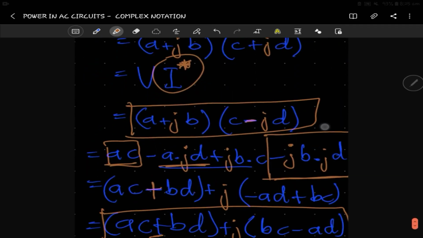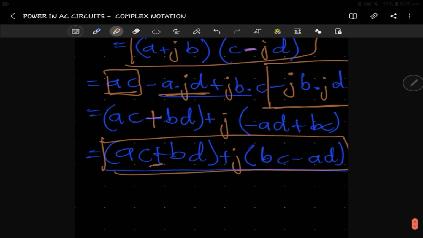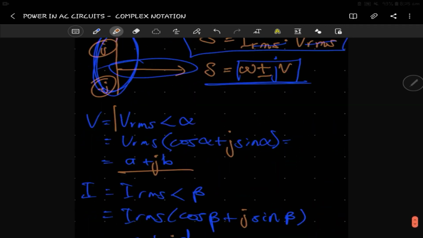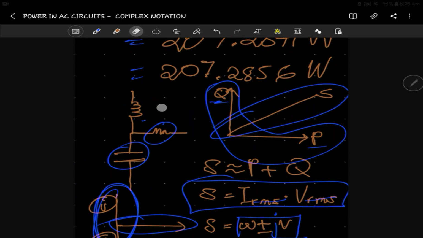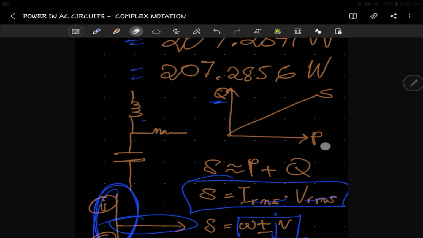And we know clearly that when we are doing the representation, let's go to the diagram. You see clearly that real power can only be positive. It cannot be negative. Real power is only here, always positive.